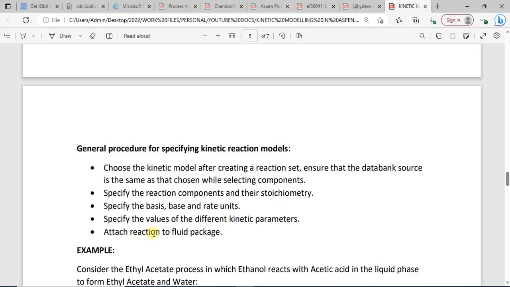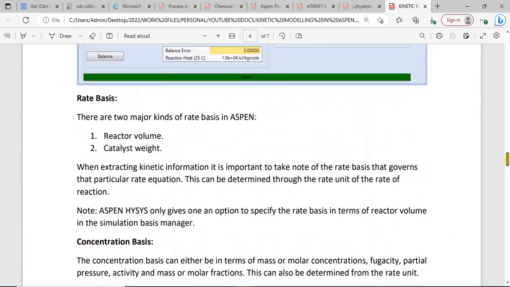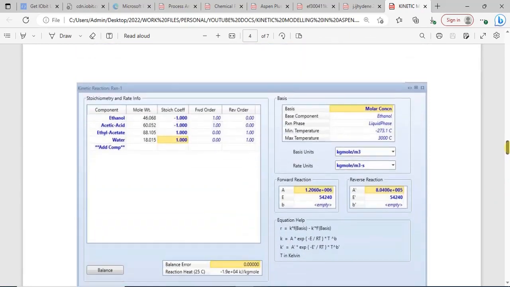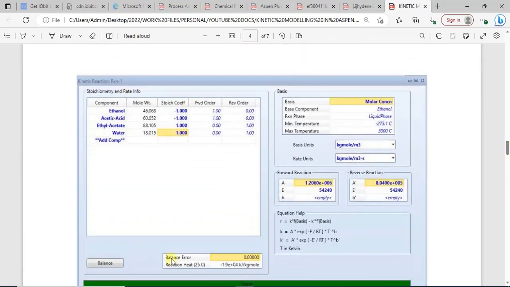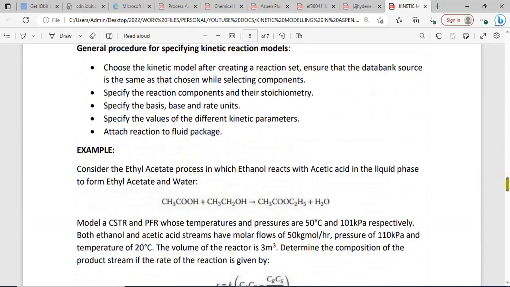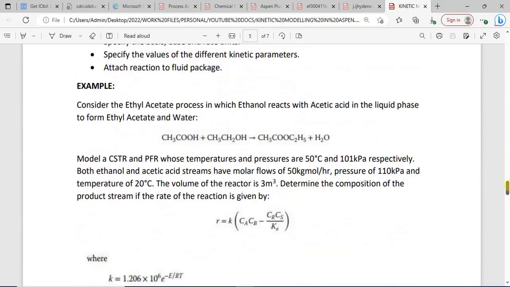So basically this is all that you are expected to do. Those are the procedures you follow when you are specifying this kinetic environment.